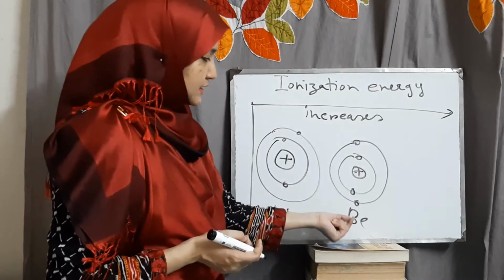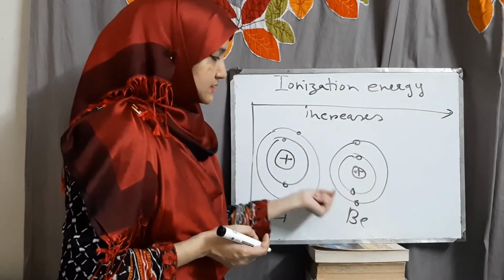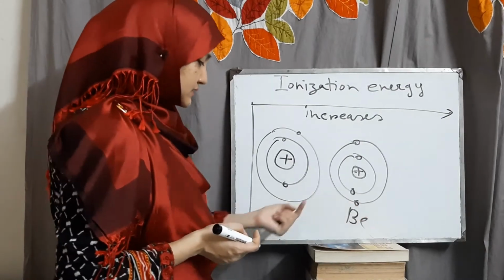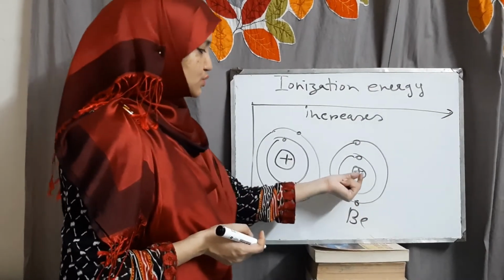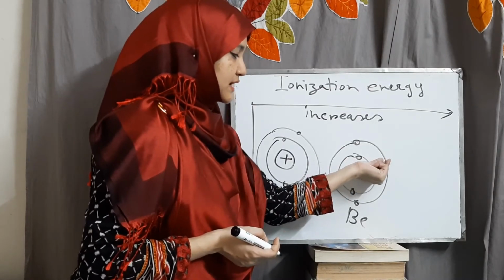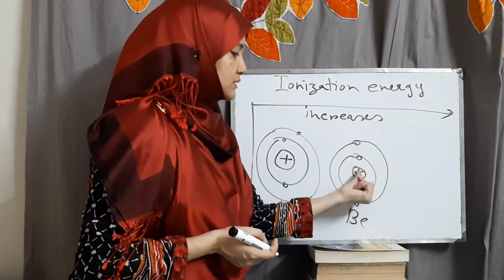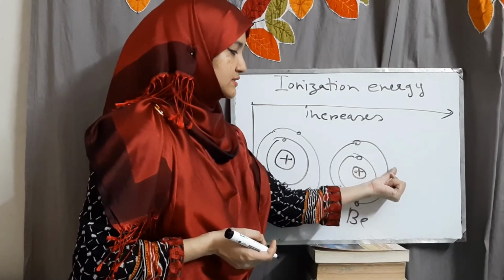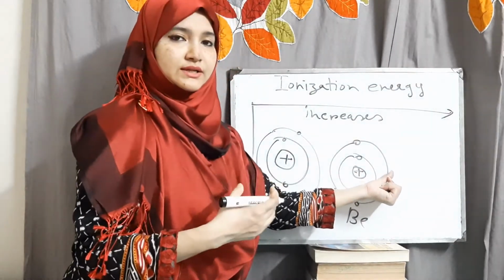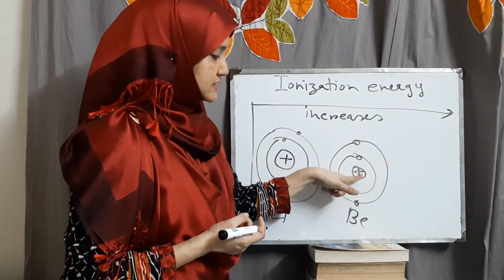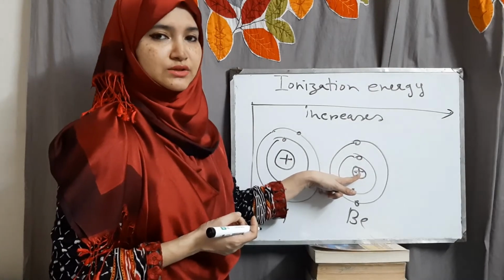Since the size of beryllium is smaller than lithium, the attraction between the positive charge of the nucleus and the outermost electron is more, and the outermost electrons are tightly held by this nucleus.